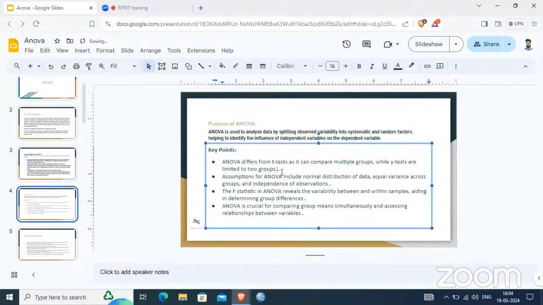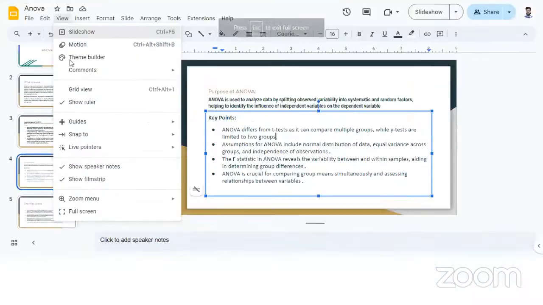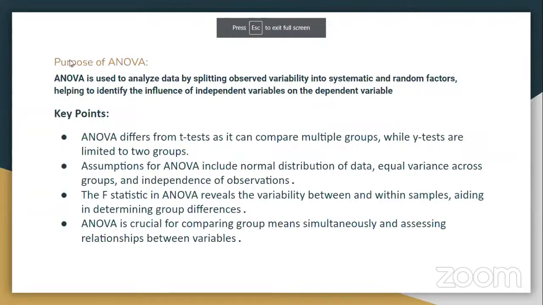Sir, what is the F statistic in ANOVA? That is the ratio of the between group mean square divided by the within group mean square. So, between group variance divided by within group variance.